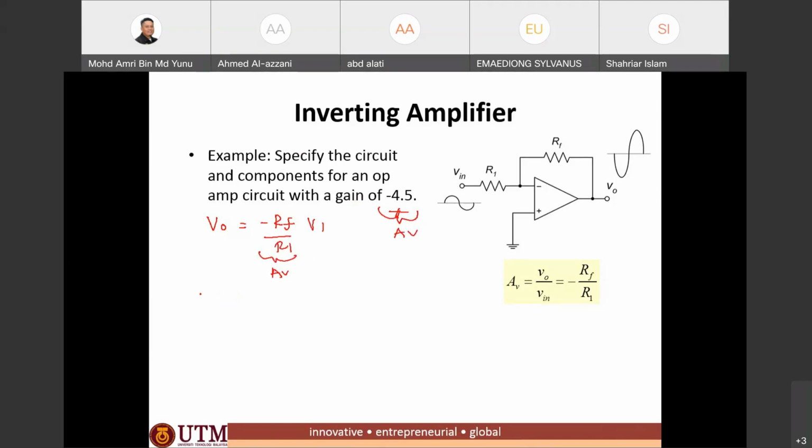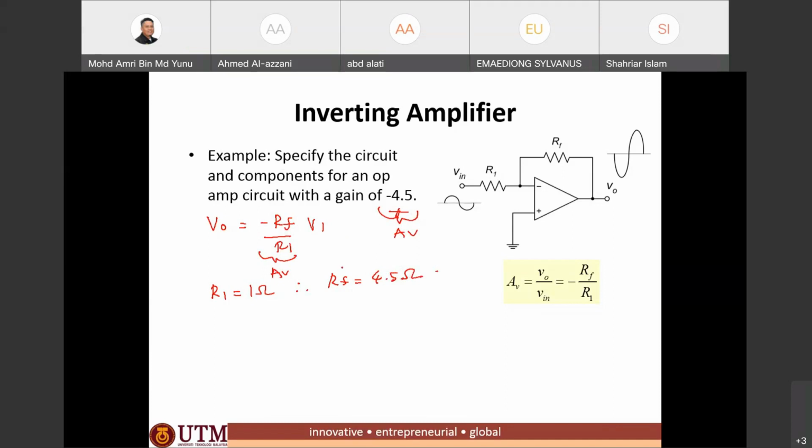So we need to choose the values for RF and R1. Let's say we choose R1 equivalent to 1 ohm. Therefore RF will be 4.5 ohm.